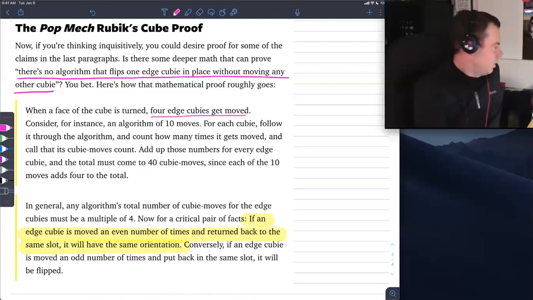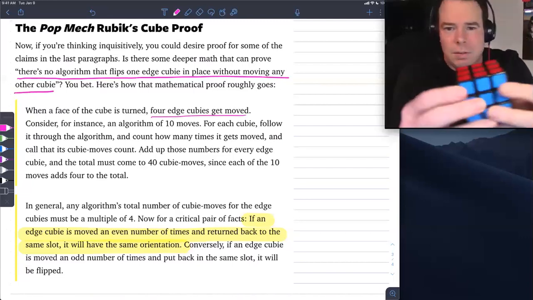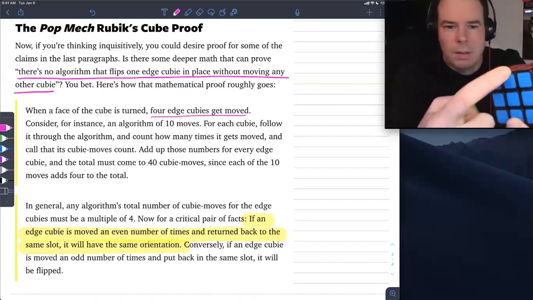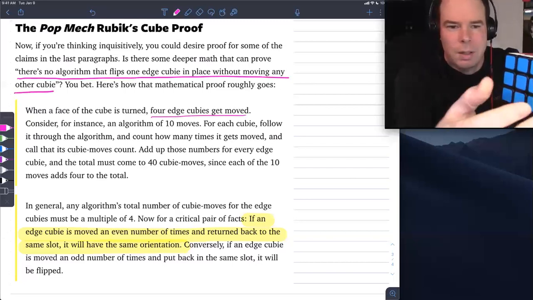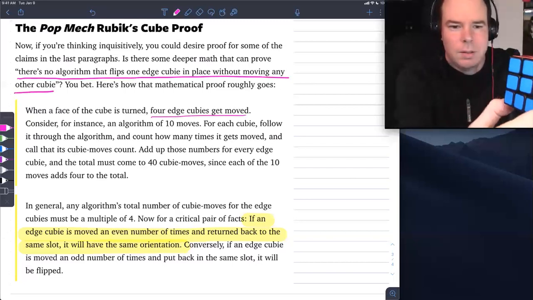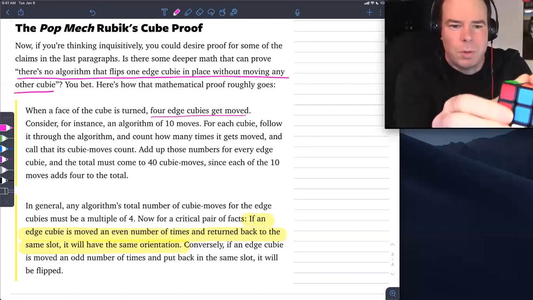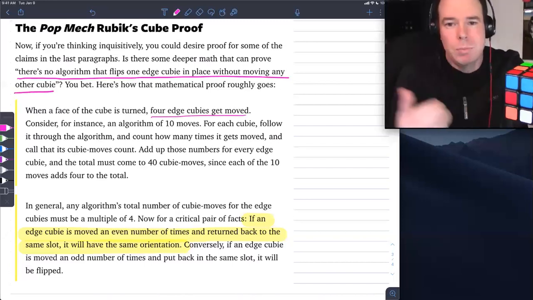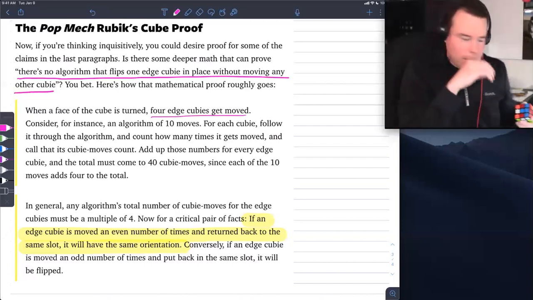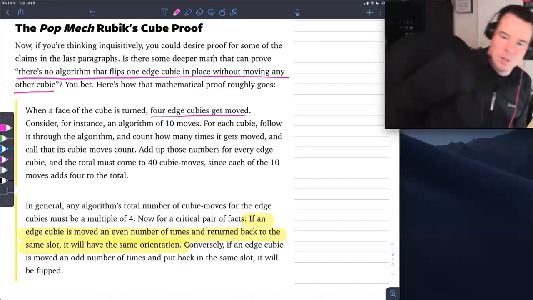So if I'm following this edge piece here, this blue and red one, and I move it once, and then twice, 3 times, 4 times, 5 times, 6 times, 7 times, it's here, and then 8 times it came back to where it started, and it hasn't been flipped. Because I moved it an even number of times, it has to come back to where it started with the proper orientation. That's what they're claiming.